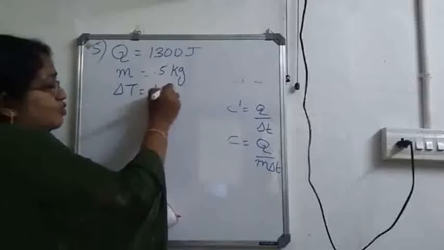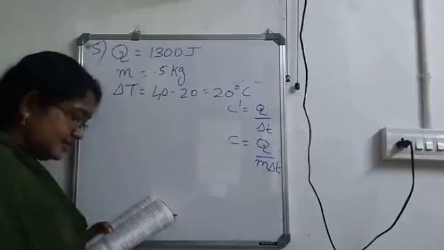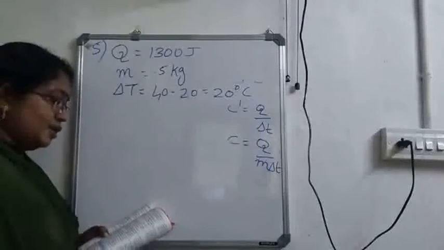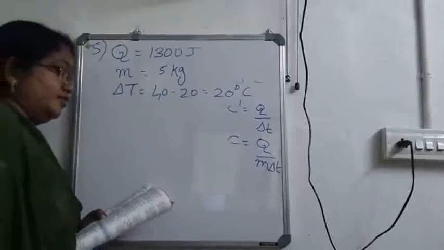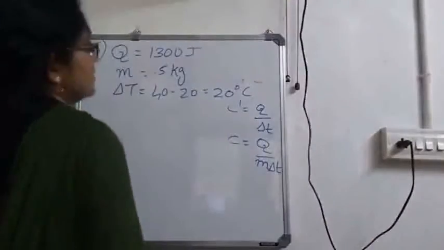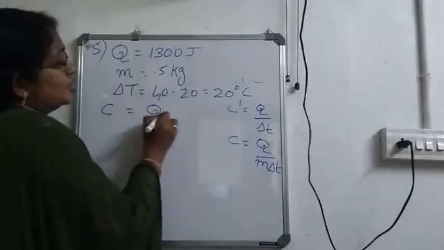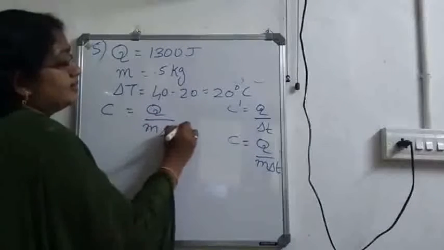So, Q is 1,300 joule, mass is equal to 0.5 kg, and delta T is equal to 40 minus 20, which is equal to 20 degrees Celsius. Calculate the specific heat capacity of lead. So, specific heat capacity means what we need? It is C, isn't it? So, C is equal to Q by M delta T.